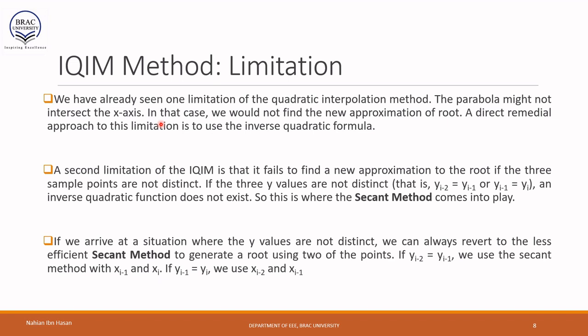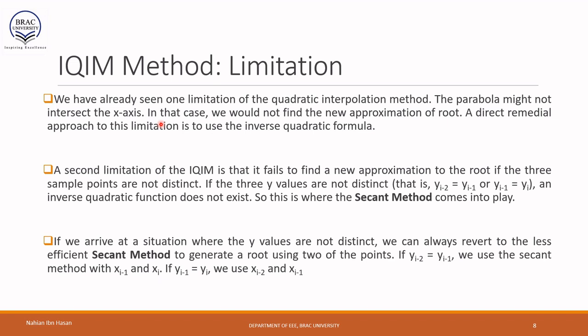Also, the inverse quadratic interpolation method requires that all of the three starting points should be distinct. If any two of the 3 points are similar, then the IQIM method will not work. So then we have to go for the secant method.